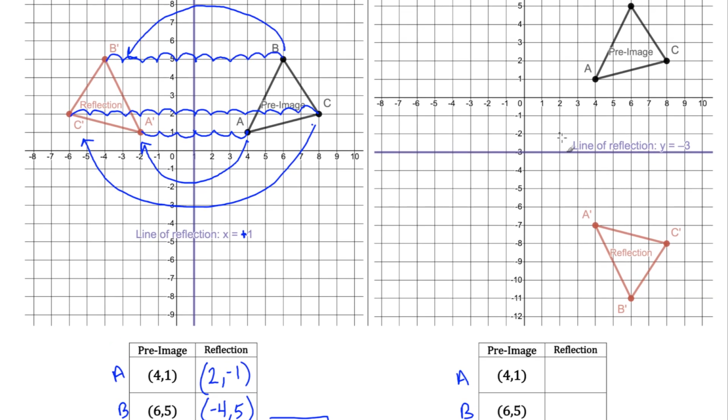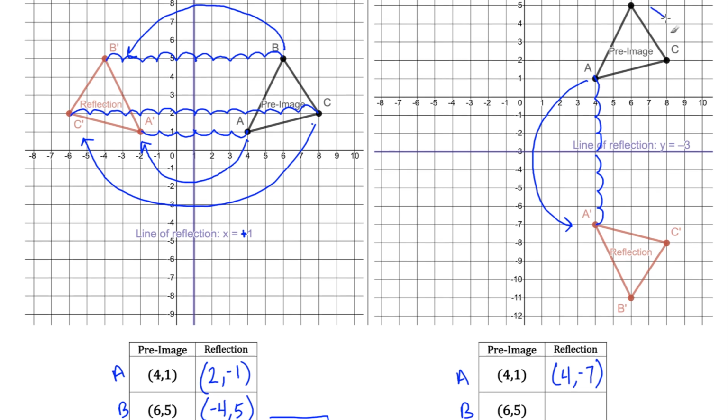We were at 4, 1, and now it flipped over. It was 4 away. Well, I'm going to do this first like I did last time. We flipped over this, and it went to 4, negative 7. And it was 1, 2, 3, 4 away, and now it's 1, 2, 3, 4 away here.